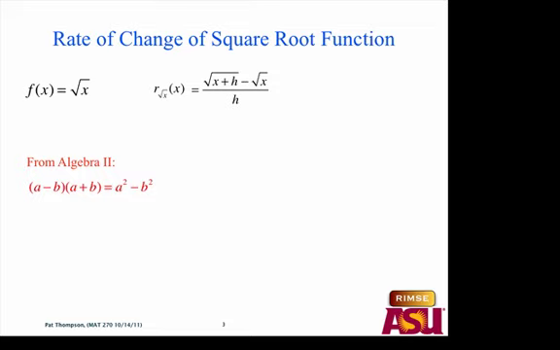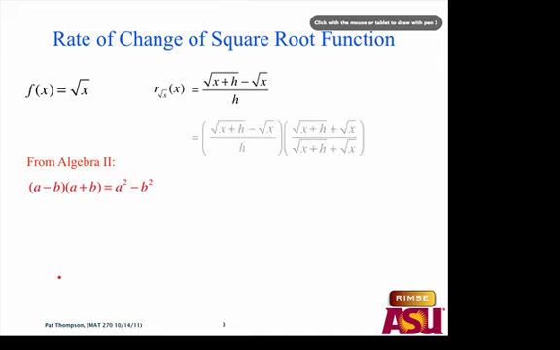So from that little formula over here, if we could get both of these to be squared, the radicals would be gone, right? So we have a minus b, so what are we going to multiply by? A plus b. Yep, but if we do it to the top, we got to do it to the bottom too. So we're not changing the value of this because we're multiplying by 1.